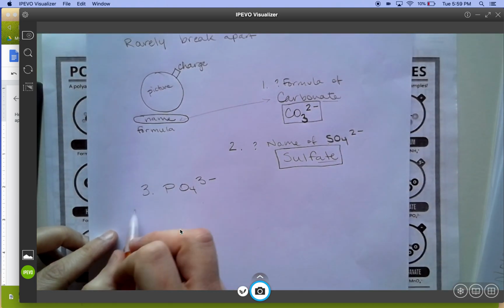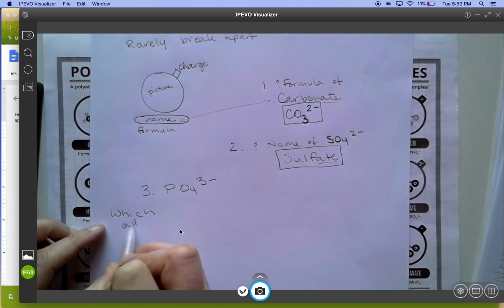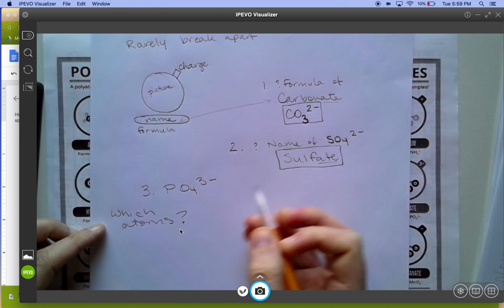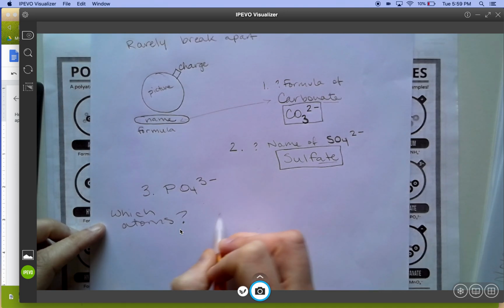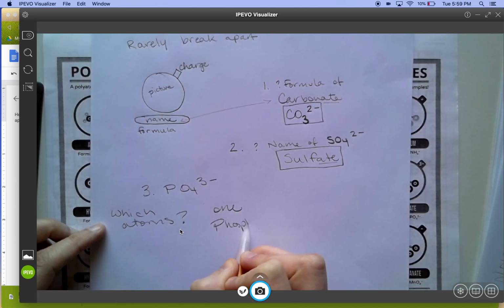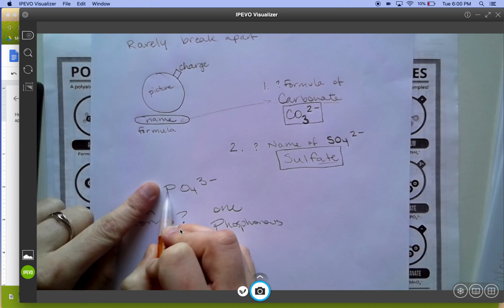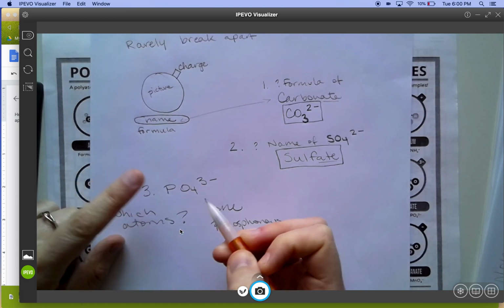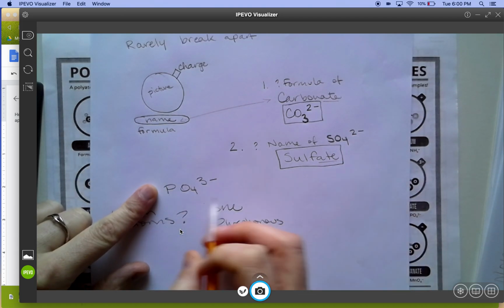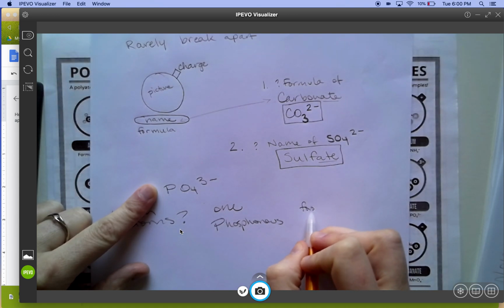But to break down which atoms and how many of each, we've got 1 phosphorus. And so there's the 1 phosphorus. That's just the question number there. 1 phosphorus. Your 4 is your subscript, so there's 4 oxygen atoms.